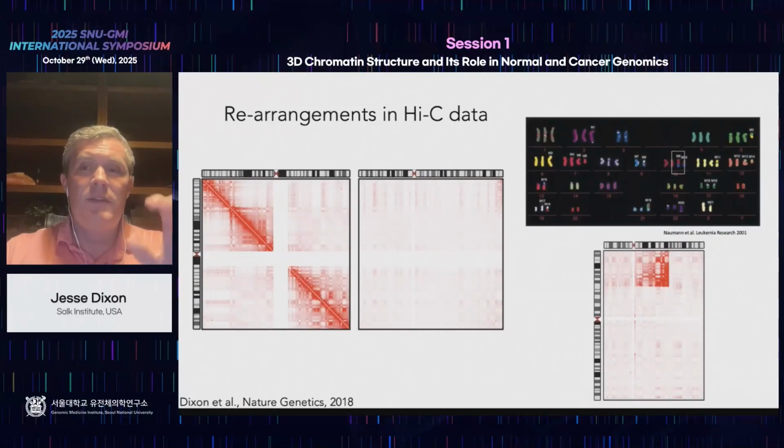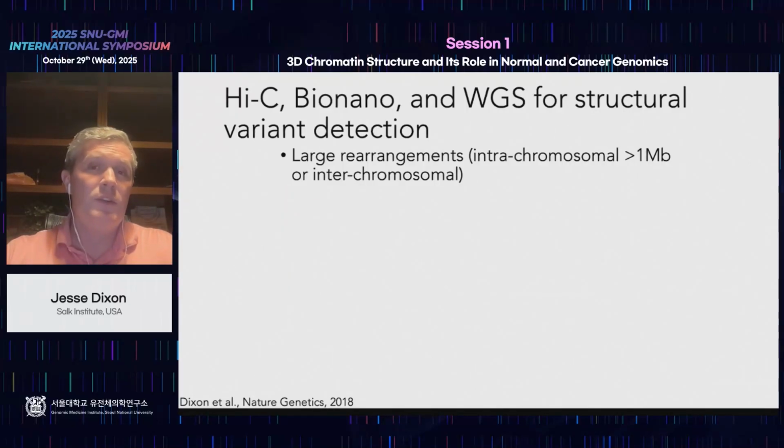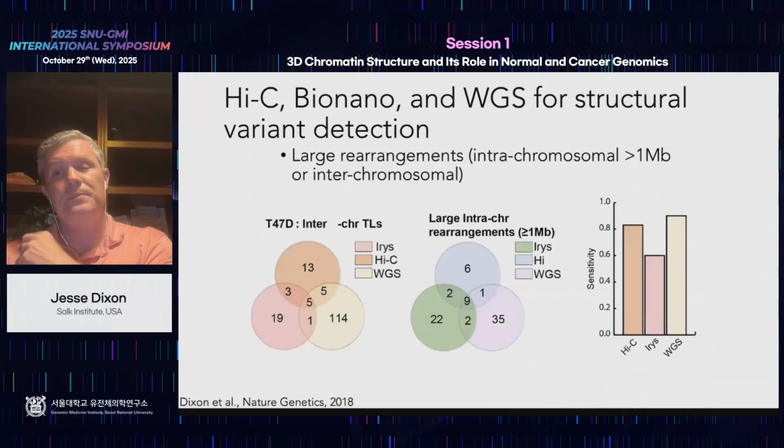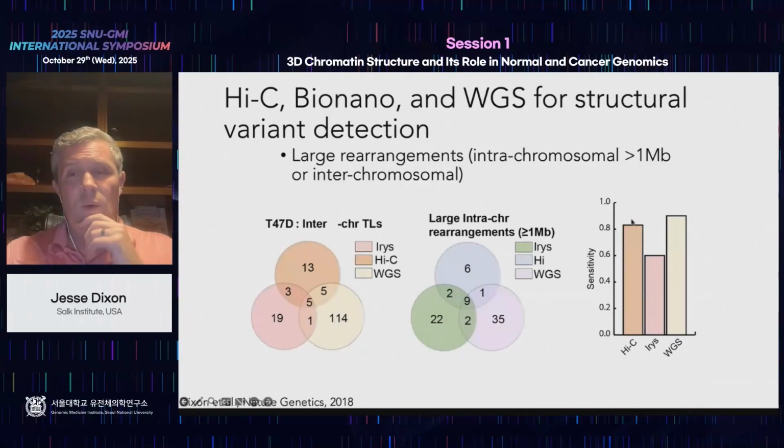We've developed tools in the past to use Hi-C data to directly identify where these structural variant signatures take place, and have used this to identify structural variants in cancer genomes. Comparing this with things like Bionano optical mapping and whole genome sequencing, we can see that Hi-C is quite sensitive, almost on par with whole genome sequencing for identifying what we call large-scale rearrangements.